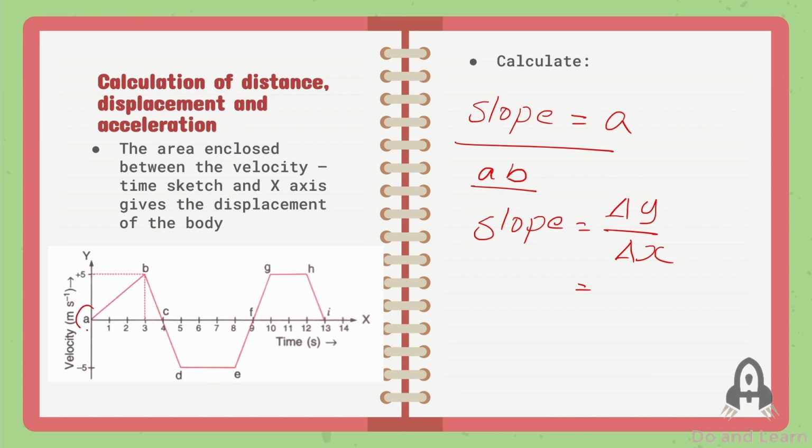Here, this is the curve A and B. So delta y will be the distance between the point B and the x-axis. That is equal to 5 divided by distance between the point A to this point. That is 3. 5 divided by 3, how much? 1.67. So unit of acceleration is meter divided by second square. This is the way of calculating acceleration.